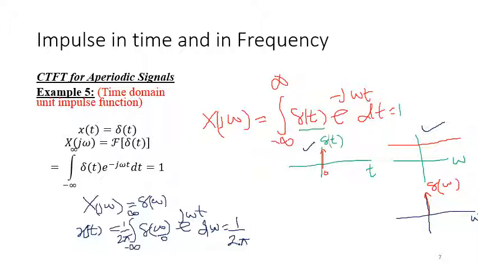So impulse in time exists on all frequencies. So similarly, impulse in frequency exists on all times and with amplitude of 1 by 2 pi, right?